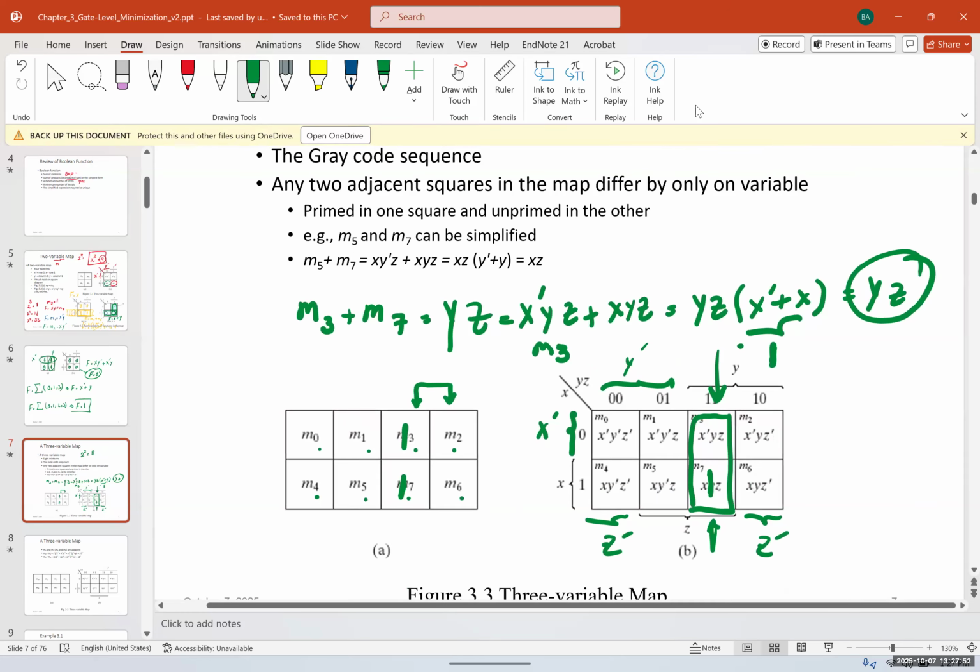So we can easily simplify them and put them in pairs of 2s. We can put them in pairs of 2s, 4s, 8s. We cannot put them in pairs of 3s or 5. It must be in the power of 2. So 2 to the power of 1, 2. We can't put 6 together.